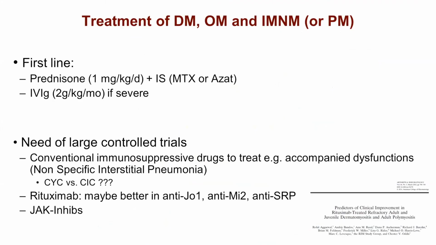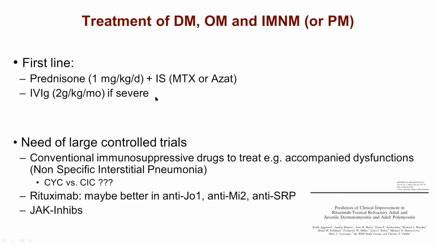Today, we are still stuck with the classical treatments for dermatomyositis, overlap myositis, and immune-mediated necrotizing myopathies, with corticosteroids at high dose during the first months, 1 milligram per kilo per day, plus one sparing agent such as methotrexate. And if your patient is very severe, you can add IVIG.